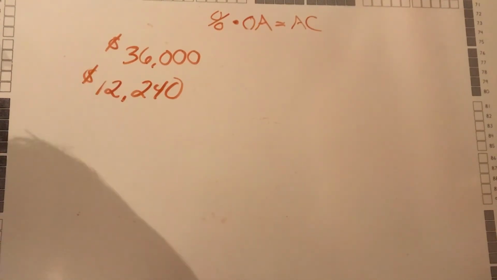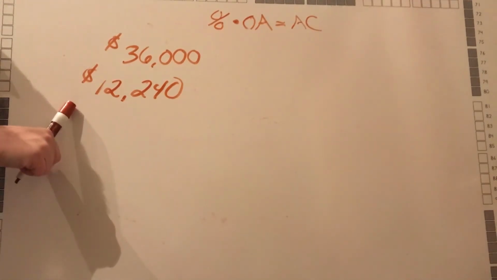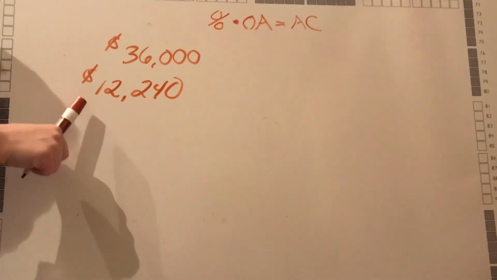I feel like there's a different way we could do this, and maybe you could do some thinking about it and see if you can come up with another way to do this if we need to do this proportion.